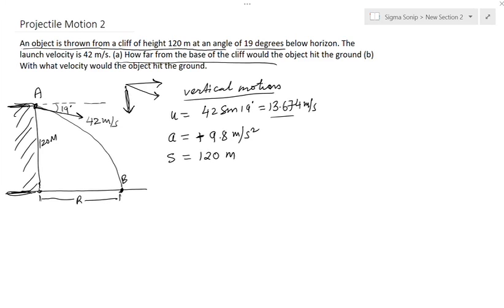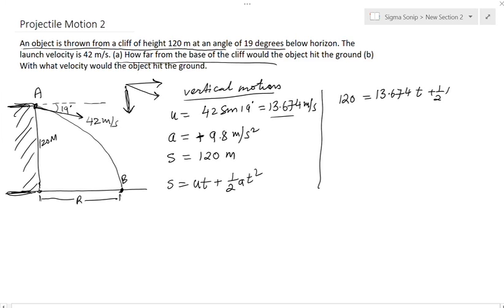The equation that I'm going to use is S equals ut plus half at squared. So let's put the values there: S equals 120 is equal to 13.674 t plus half times 9.8 t squared.